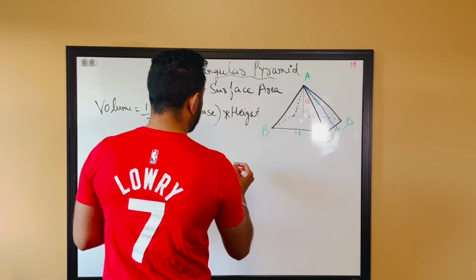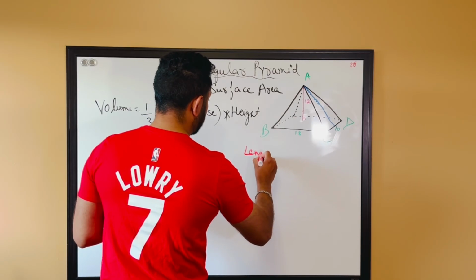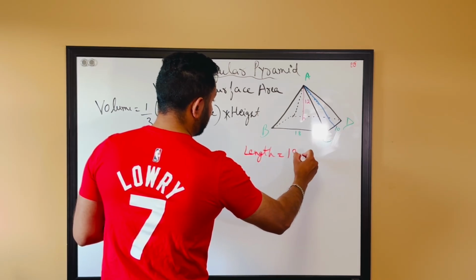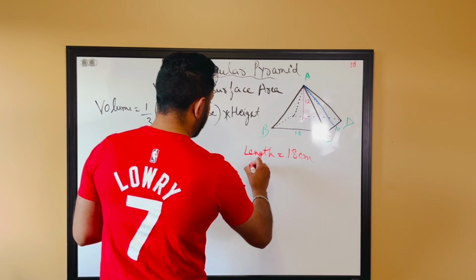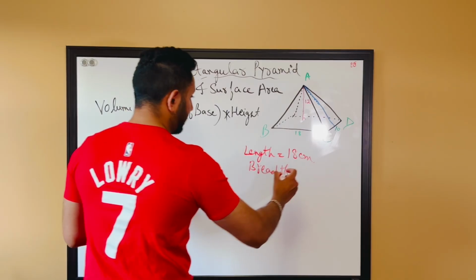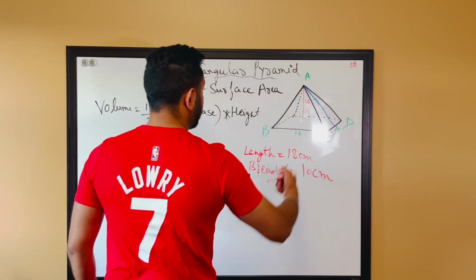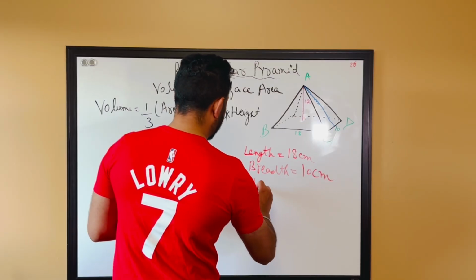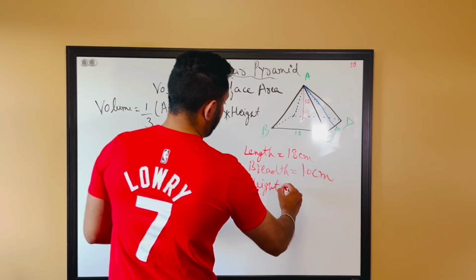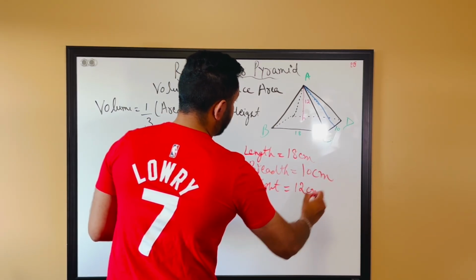So let's emphasize what is given to us. We are given the dimensions of the base, like length 18 centimeter and breadth, which is also called width, is 10 centimeter. And also we are given the height of the rectangular pyramid, which is 12 centimeter.